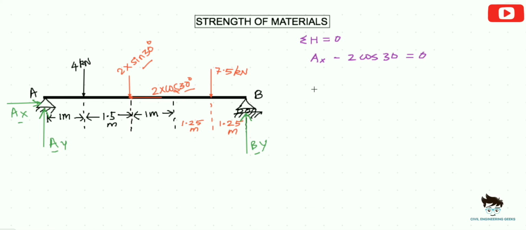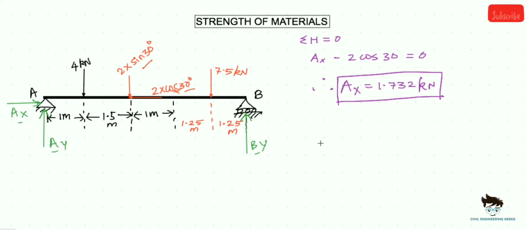I am assuming the forces towards right as positive and forces towards left as negative. From this equation, we will directly get AX. AX will be equal to 1.732 kilonewtons. As I said, the actual reaction came out to be a positive value, which means the direction we assumed for AX is correct. Now let's move on to the next equation to find our other 2 reactions.